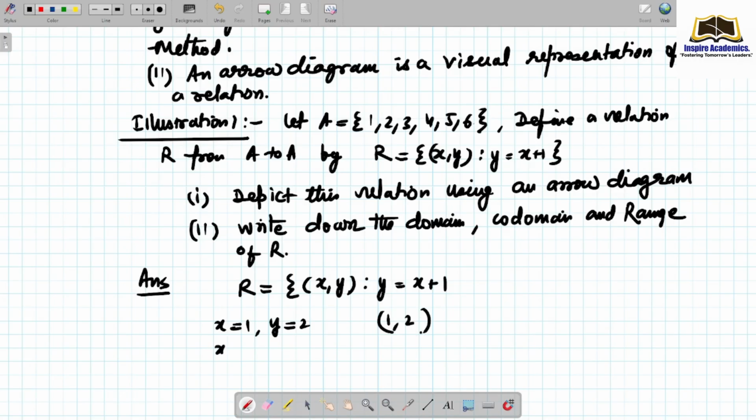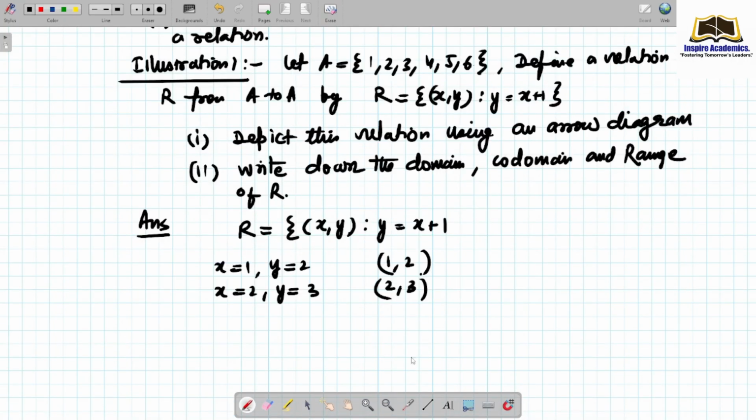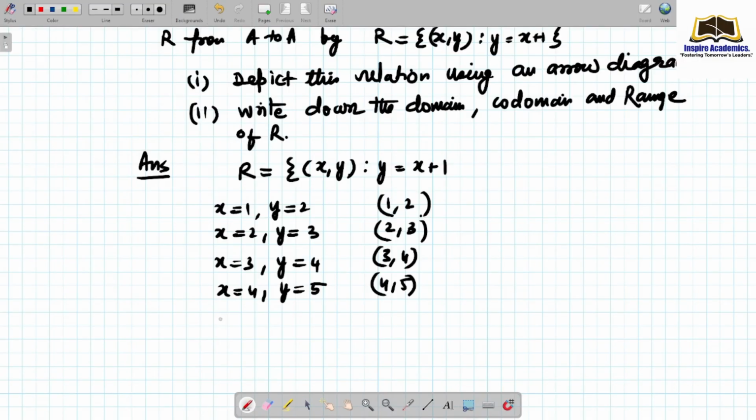Next x as 2, then y would be 3, so 2 comma 3. When x is 3, y will be 4, so 3 comma 4. When x is 4, y would be 5, so 4 comma 5. And when x is 5, y would be 6, so 5 comma 6.